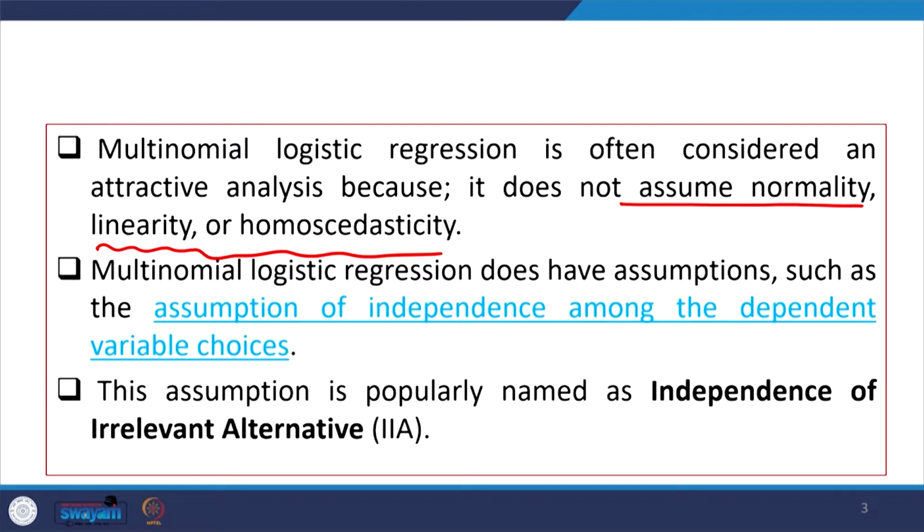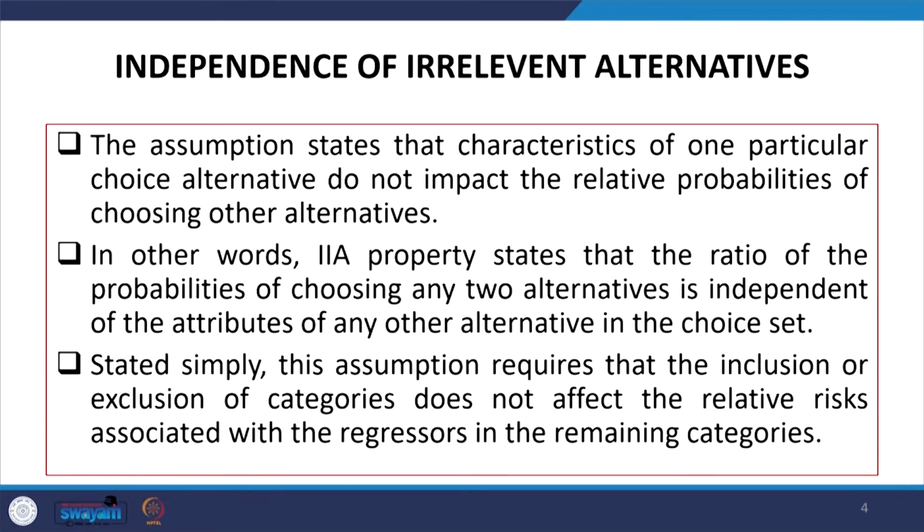This assumption is popularly known as independence of irrelevant alternatives, or IIA. Whenever IIA is discussed, be confident about it. So, what does this mean?